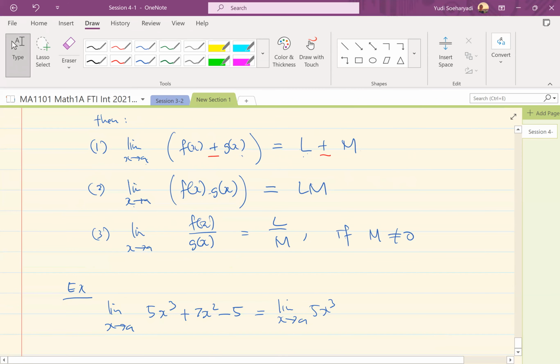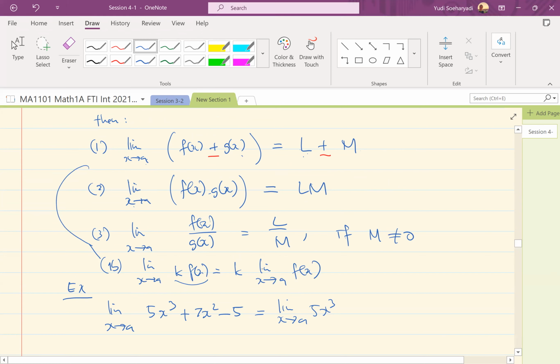And one more property: you multiply f by a number k, and you can find the limit here.